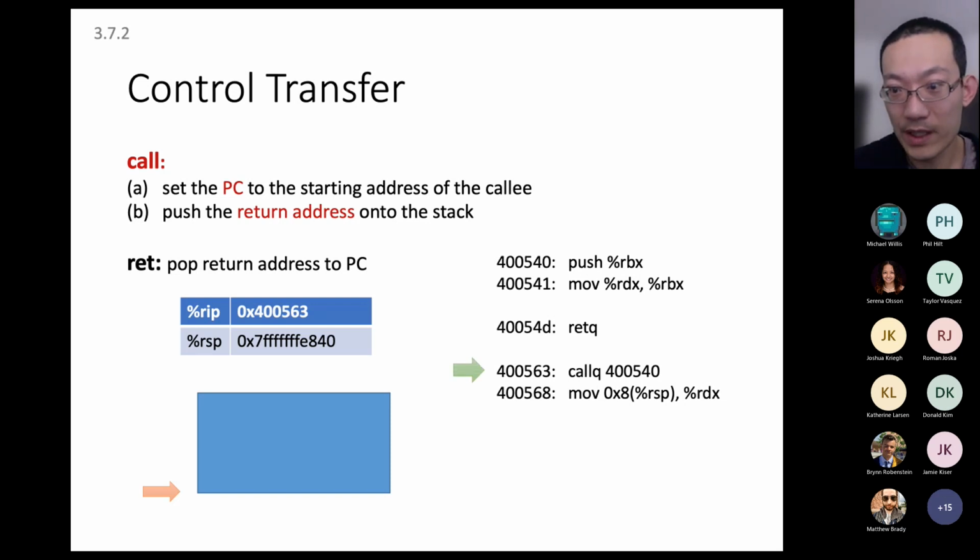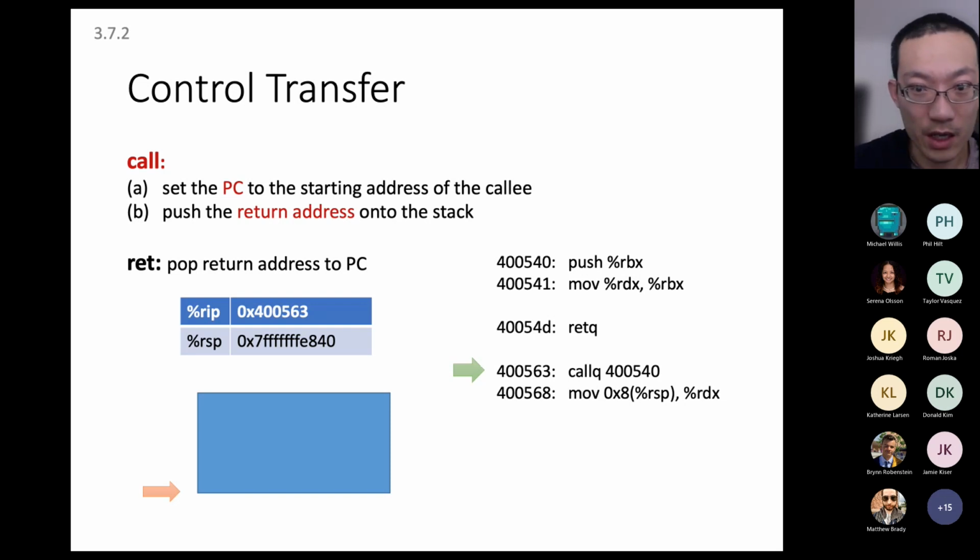And we give an example. We make a function call, and you can see the instruction has the address 400563, and this is the exact same address as in the RIP. That's why we execute this instruction, because its address is given in the RIP.